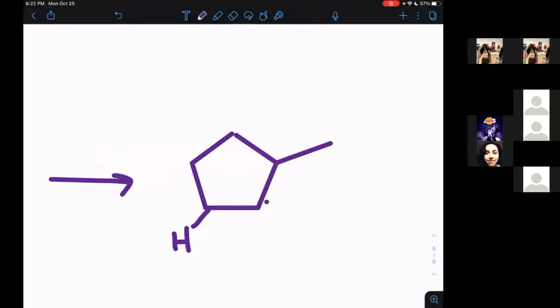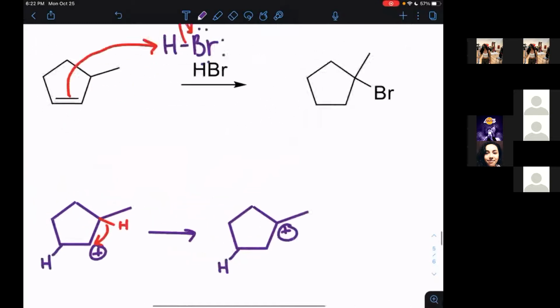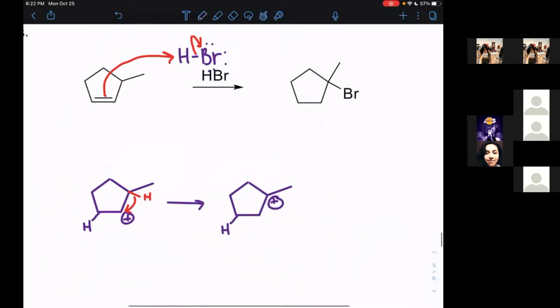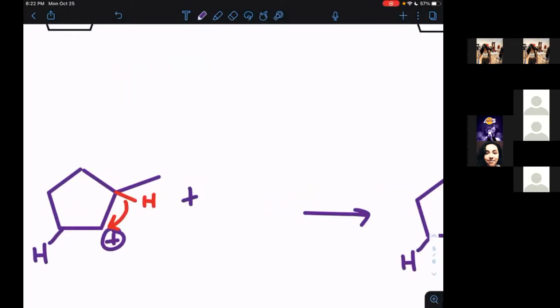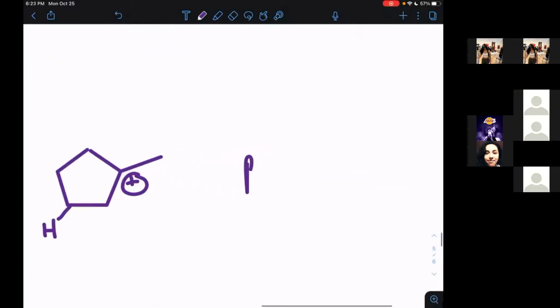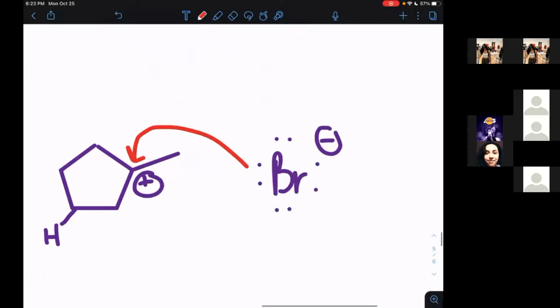And then I'm just not even going to show it at that point. And then the positive charge. And then I'll go ahead and draw; we still have the Br. And this time it's going to attack right here or wherever.